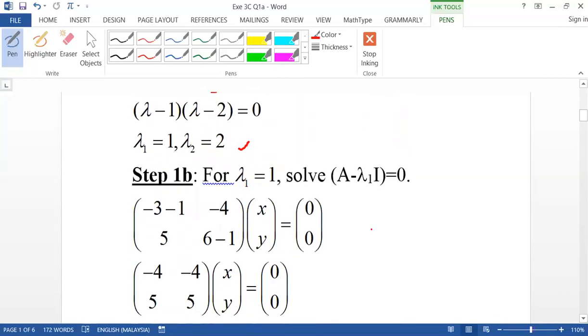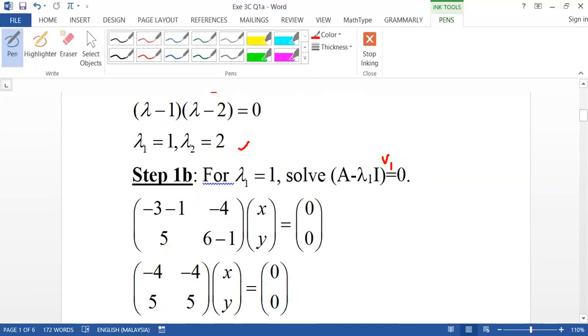The following step, you find the corresponding eigenvector. For lambda 1 equal to 1, solve A minus lambda 1 I times v1 equal to 0.